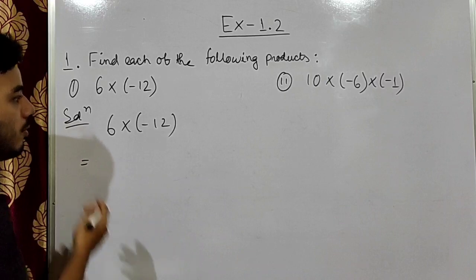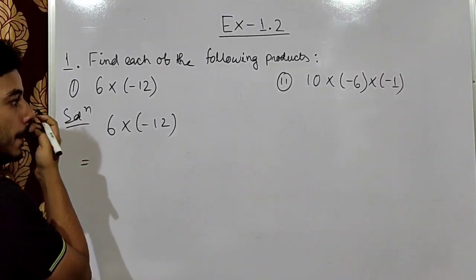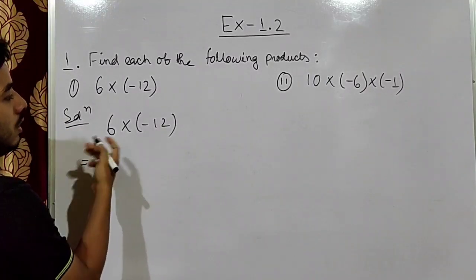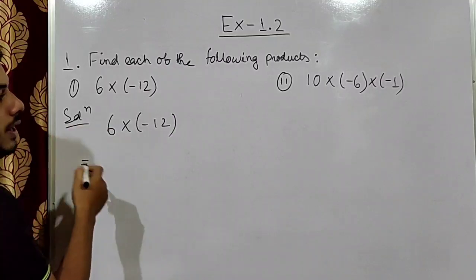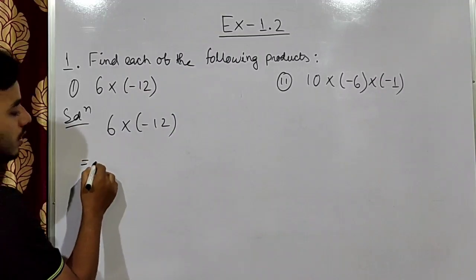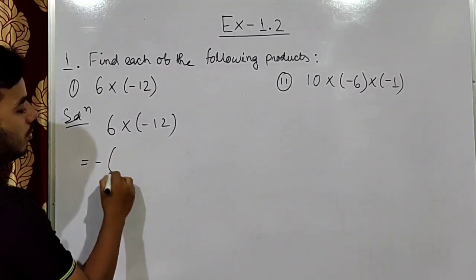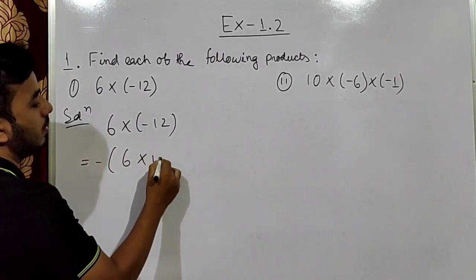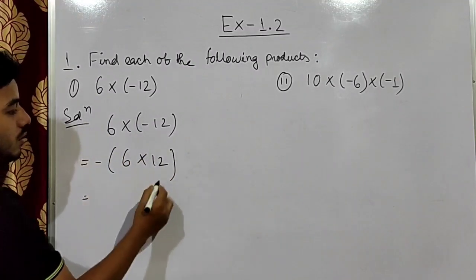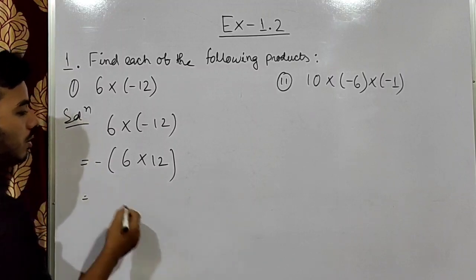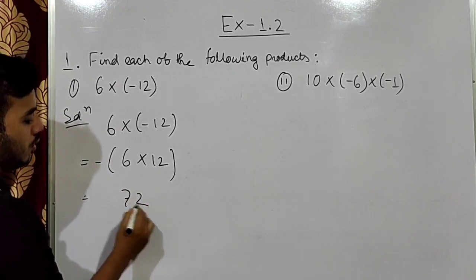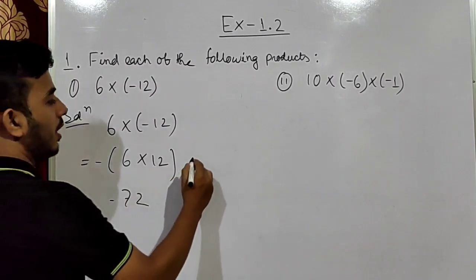How can we multiply? If we take minus common, we can solve it like this. It will be minus 6 into 12. Now 6 into 12 is 72.